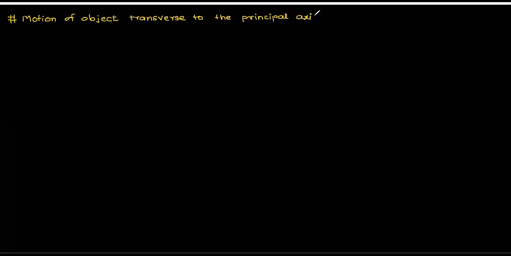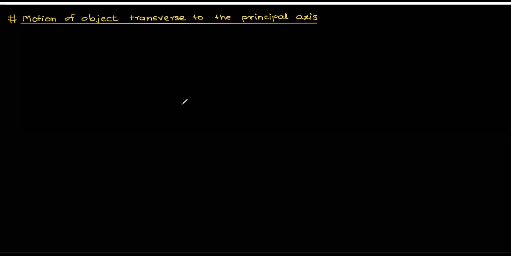Now, first of all, what is transverse and what is along? Already I told you, along means parallel or along the principal axis. I'm just giving you a rough idea here. You can just see. Suppose this is a mirror, and now any object is moving.